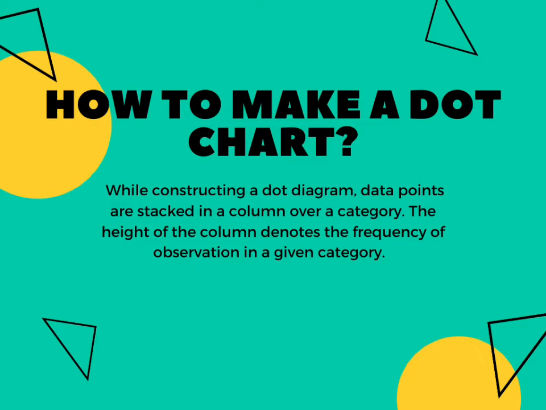How to make a dot chart? While constructing a dot diagram, data points are stacked in a column over a category. The height of the column denotes the frequency of observation in a given category.